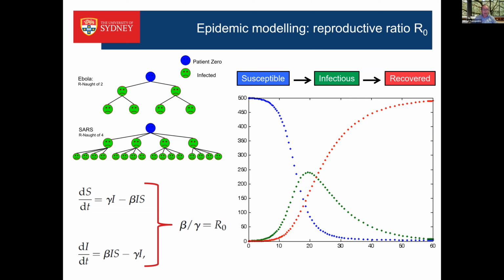So at the very beginning, when nobody has immunity, nobody recovered, everybody is a potential victim of a disease. Say in case of Ebola, R0 is 2. So a patient 0 on average would infect 2, each of which would also infect 2.